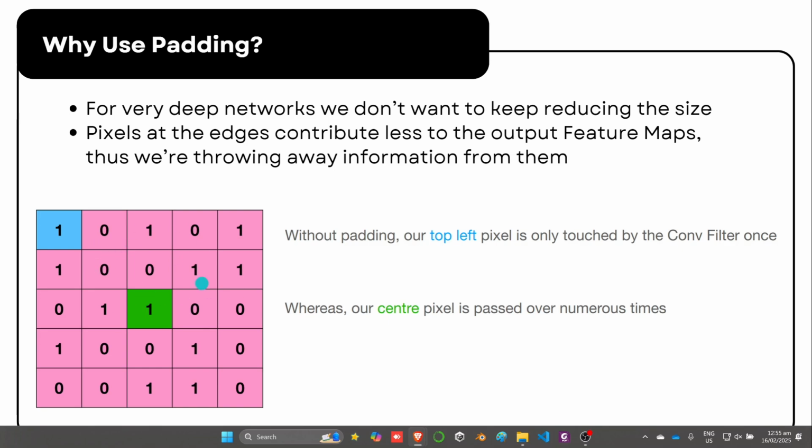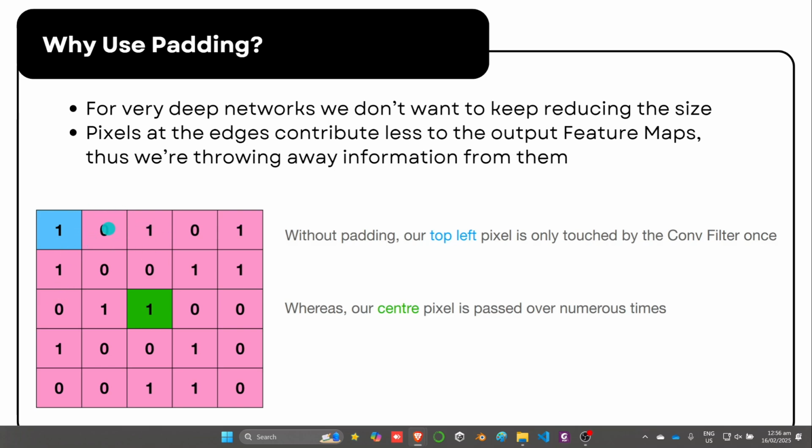That's not desirable. However, if we're using padding, because this image is padded with zeros, the sliding window now touches these edge pixels a lot more often.